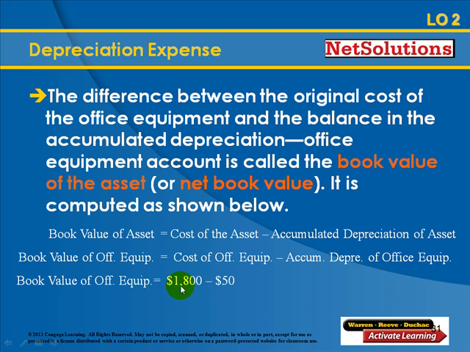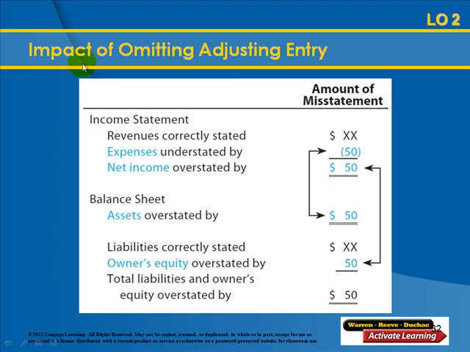The original cost was $1,800. The depreciation is $50. So the book value of the office equipment is $1,750. The impact of omitting this adjusting entry is expenses are understated, net income is overstated, assets are overstated, as well as the owner's equity is overstated.